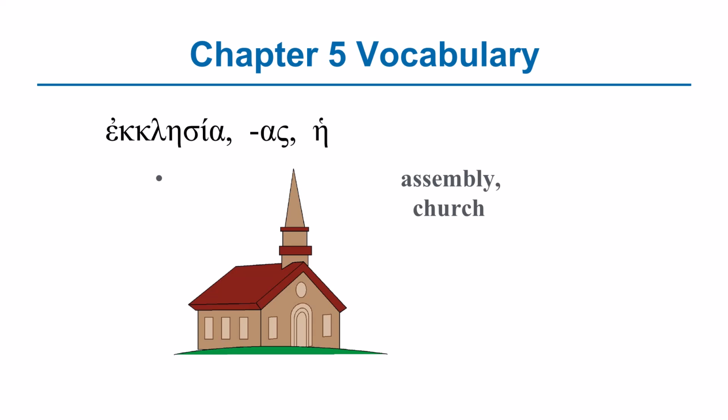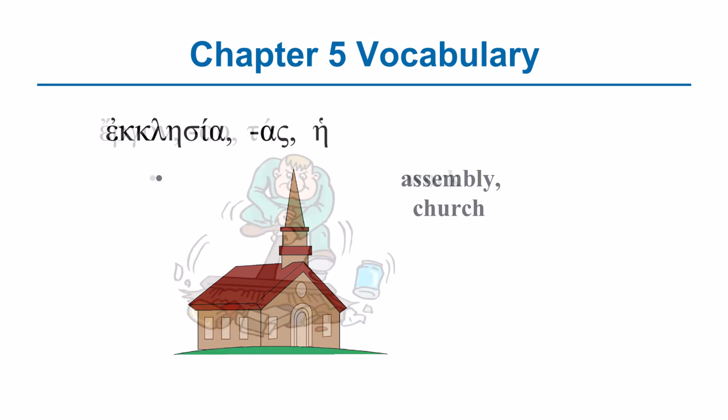That's why 1 Peter 2 verse 9 says, "But you are a chosen generation, a royal priesthood, a holy nation, so that you may proclaim the praises of the one who called you out of darkness into his marvelous light." The church or ekklēsia is the called out, the people that are called out of darkness into his marvelous light. So ekklēsia represents the called out, or church, the assembly, body of believers.